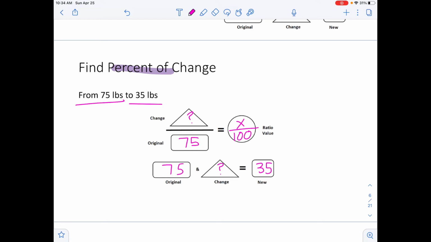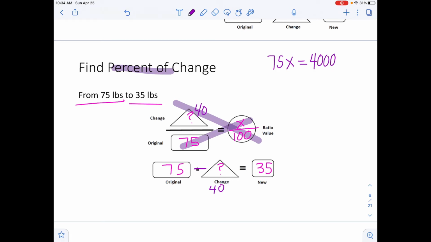So in order to find the change, what I'm going to do is I'm going to solve for this bottom part and figure out what the triangle is. I know that 75 minus 40 is 35. So I know that my triangle is 40. So my change represents 40. Now that I've done that, I can cross multiply. 75 times x is 75x, and set that equal to 40 times 100, which is 4,000.